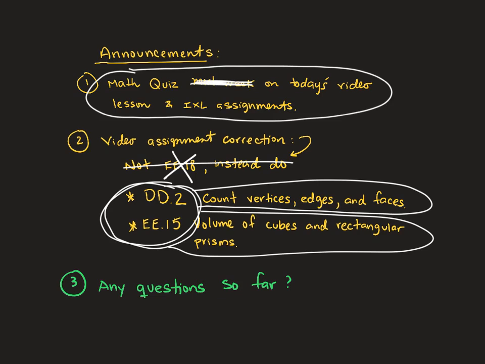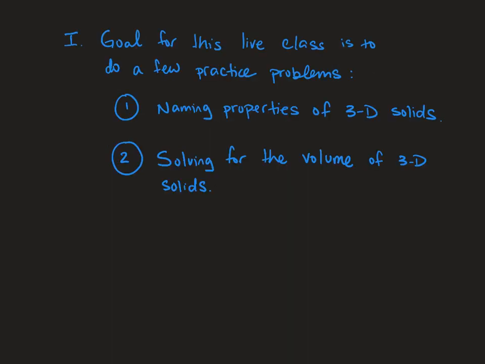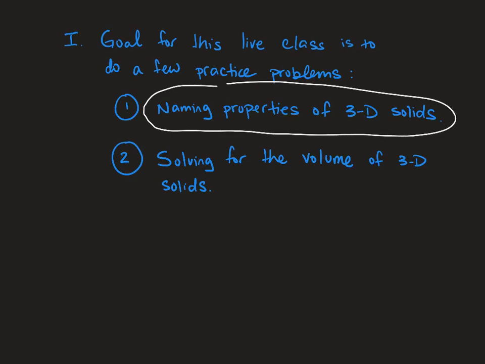And when I was your age, one thing that I wanted from my math teachers is to just tell me what I have to do as simple as they can so I can get to it and be good at it. So we're going to do that today. So our goal for the class is to have a few practice problems. And they're going to basically be naming properties of 3D solids. It's going to be the first thing. I'm assuming we know what the 3D solids now are.